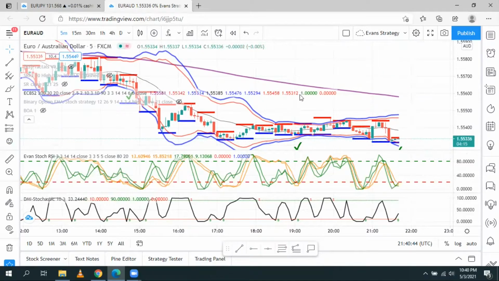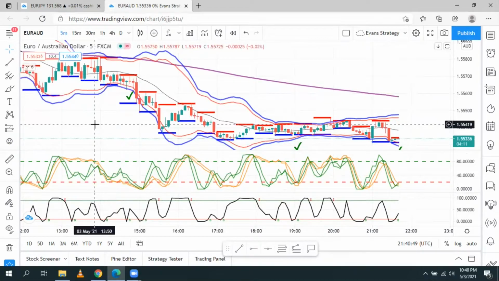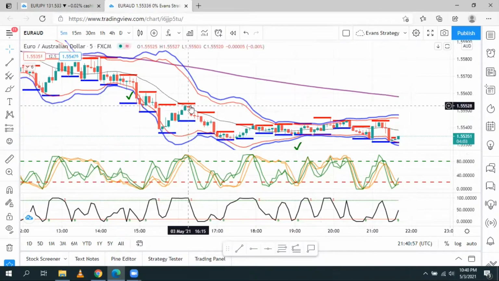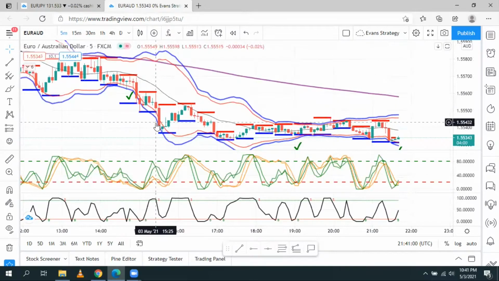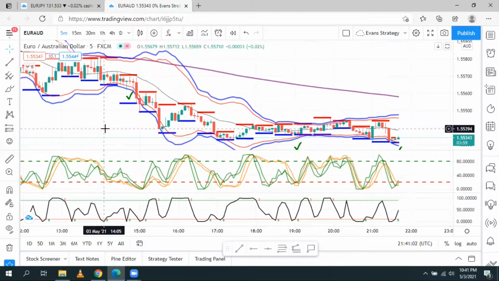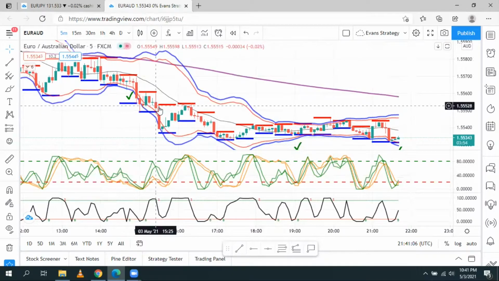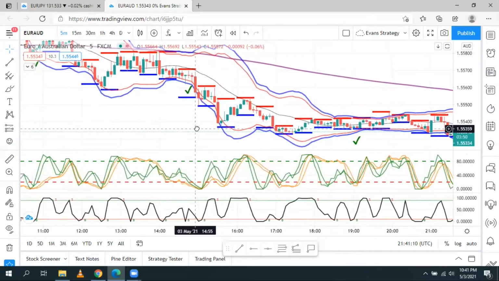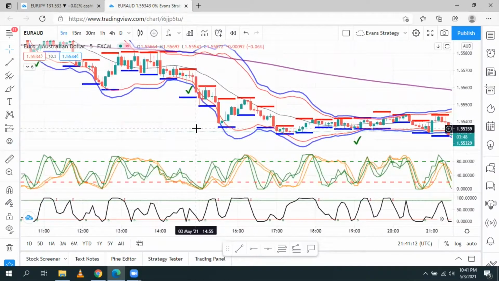So now, that is the explanation for the indicators that we have here, right? So now, how does the indicator work? To go for a buy in this strategy, you need to see 3 things.